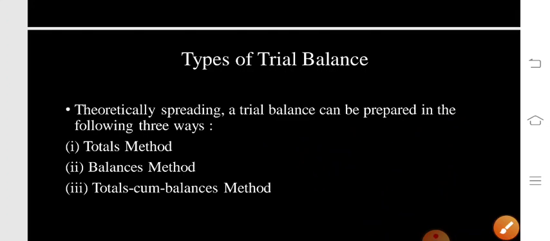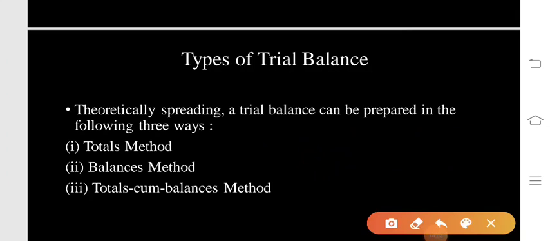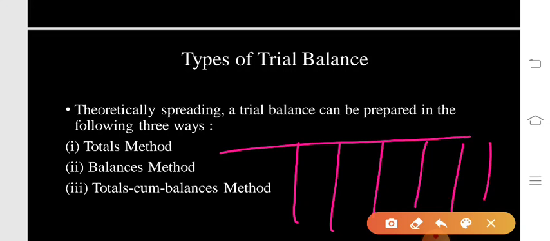Now what about the third method? The third method is called the total cum balance method. That means here we'll prepare total columns, that is, debit, credit, then debit and credit.